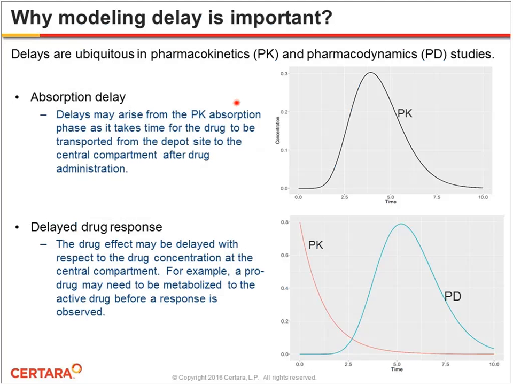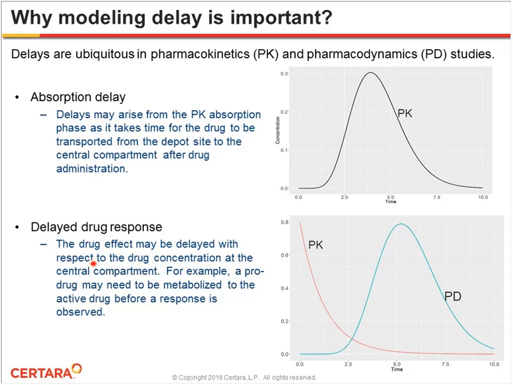Now, why is modeling delay important? As we know, most processes do not happen instantaneously. For example, delays may arise from the PK absorption phase, as shown in this figure. This is because it takes time for the drug to be transported from the depot site of drug administration to the central compartment.